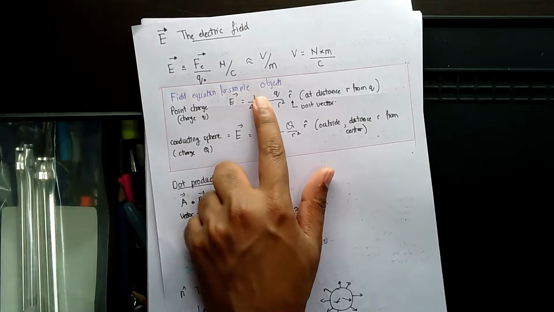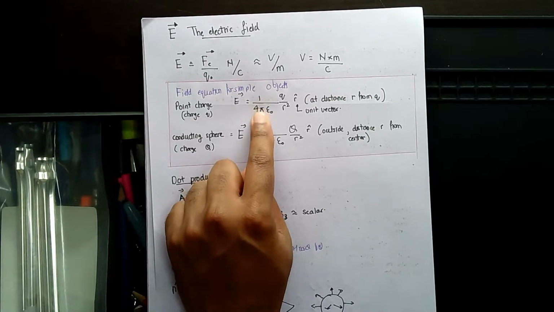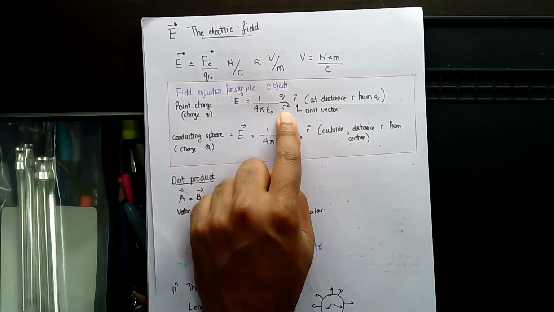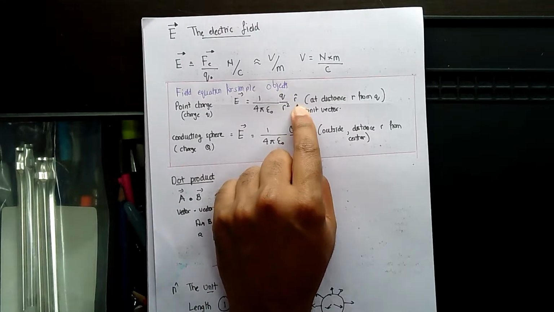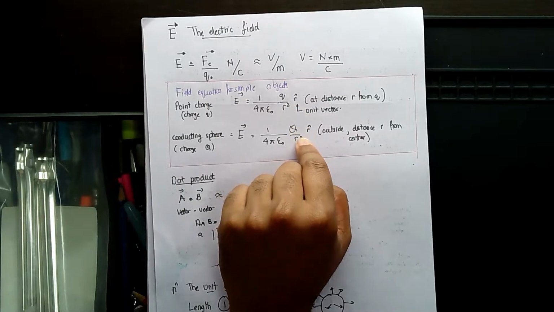So the field equations for simple objects. For example, if you have a point charge, you can say that the electric field is 1 upon 4 pi epsilon 0 into r square, q divided by r square, into a unit vector, which is r.